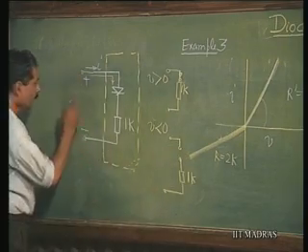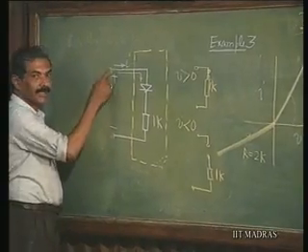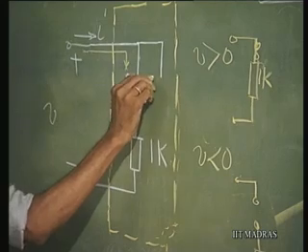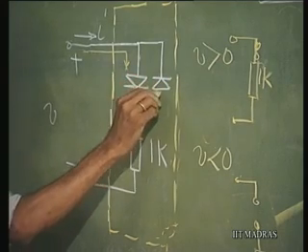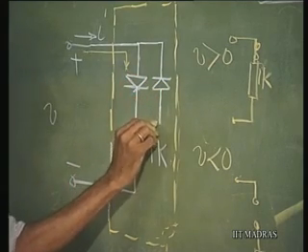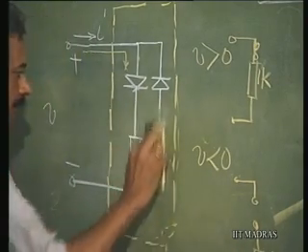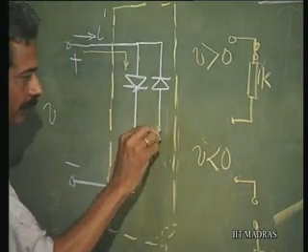That means, when this voltage is positive and this voltage is negative, I should now put another resistance, but the diode should be in the opposite direction, so that the diode is going to conduct, and put a resistance here, so that that resistance is equal to 2 K.